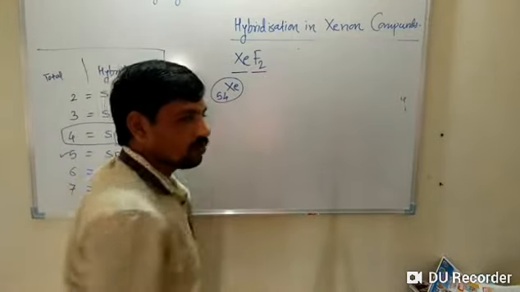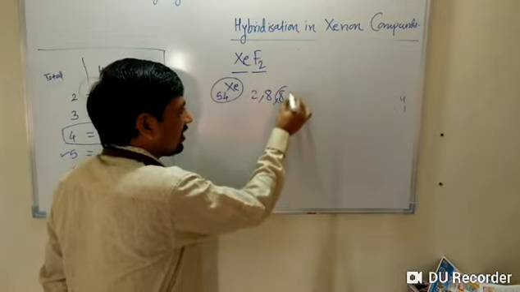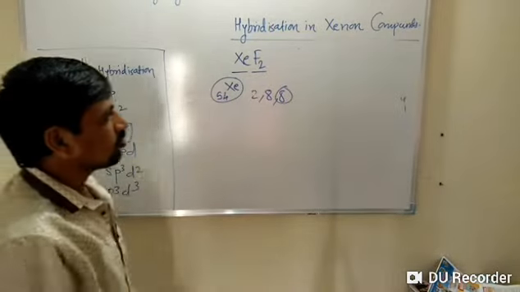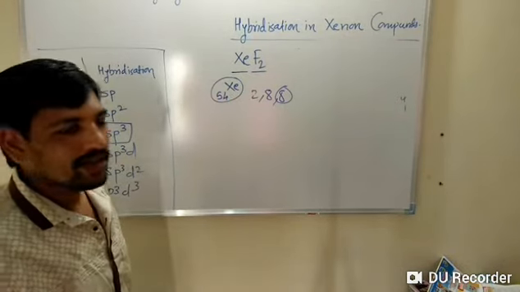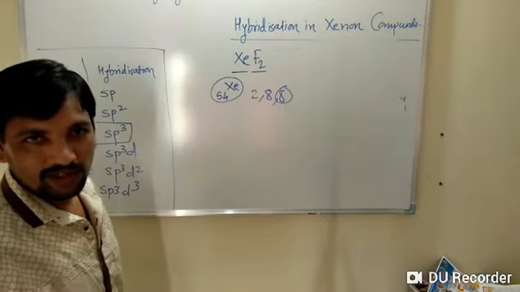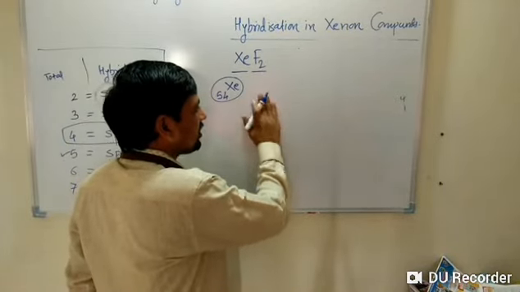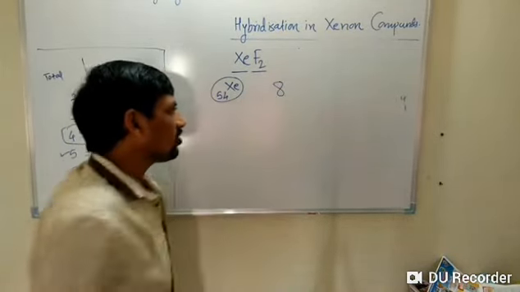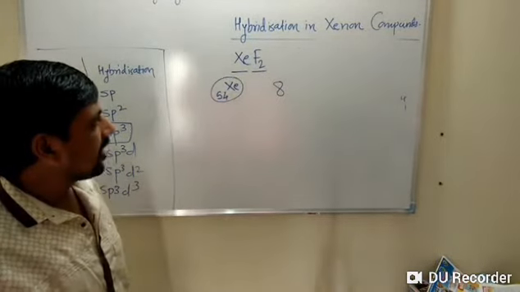This is the 18th group, and in the 18th group the configuration is 2, 8, 8, which means the outermost shell has 8 electrons. Xenon is a noble gas element and the outermost shell electron count is 8 because its octet is complete.